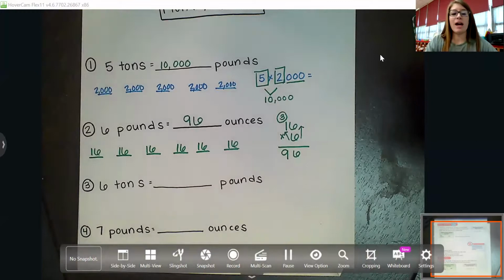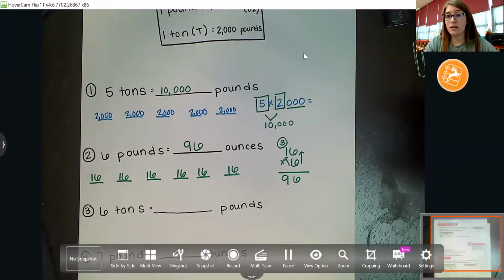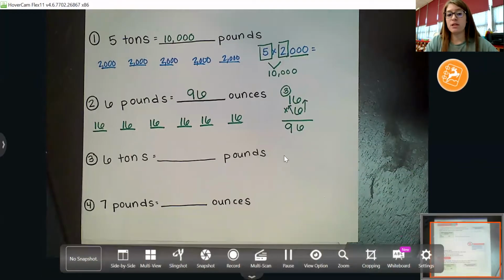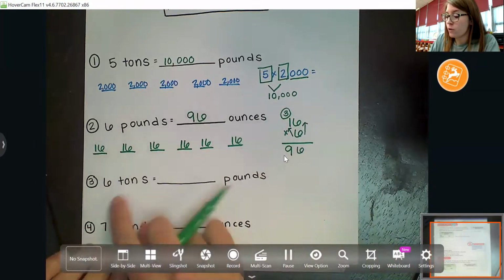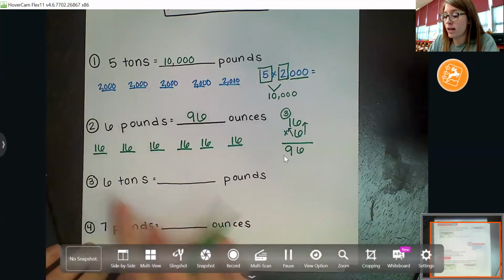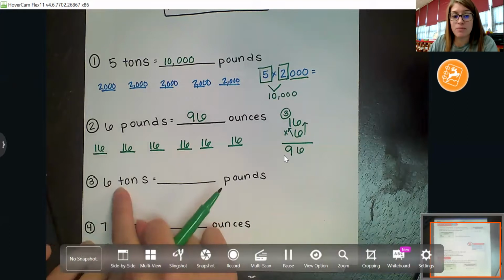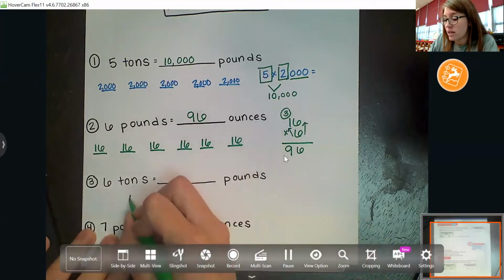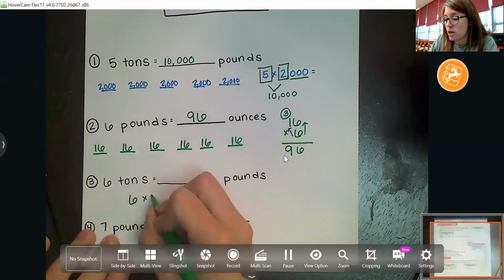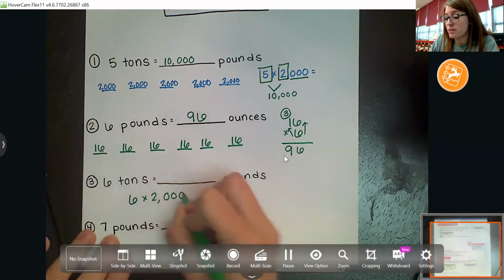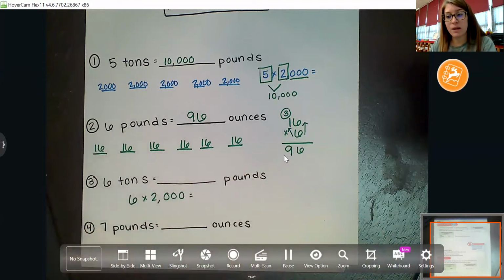All righty. Let's do 2 more. Okay, so we've got 6 tons equals how many pounds? Well, we know that 1 ton equals 2,000 pounds. So for every 1 ton, I've got 2,000 pounds and I've got 6 of them. So if I do 6 tons times 2,000 pounds each, what will that give me?